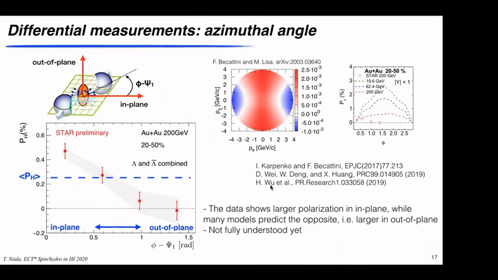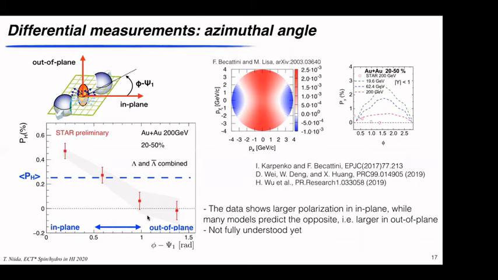My next question is about this figure, where you show the polarization as a function of phi with respect to the reaction plane. Actually, in our paper in Physical Review Research, we also predicted that the behavior is the same, but the magnitude is different, much different. It is a little bit smaller than the data.